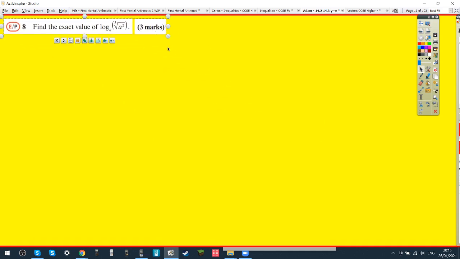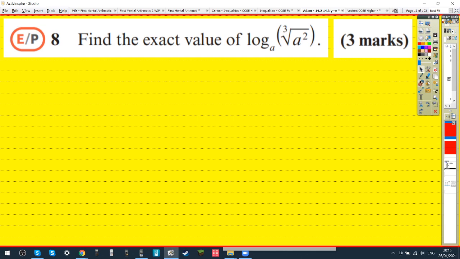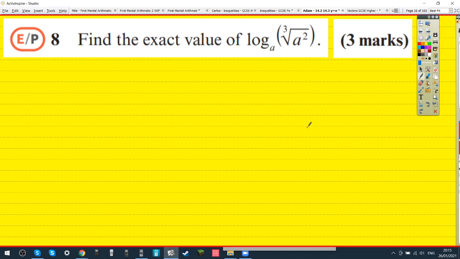Okay, how about this? Okay. So would you write it out as a to the x? Yep. A to the x is equal to brackets cube root of a squared, close brackets.